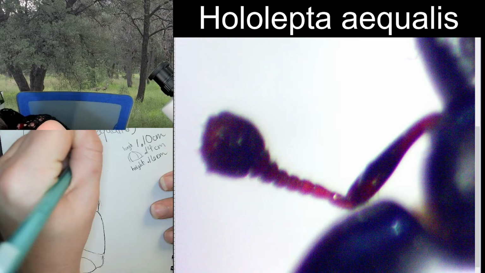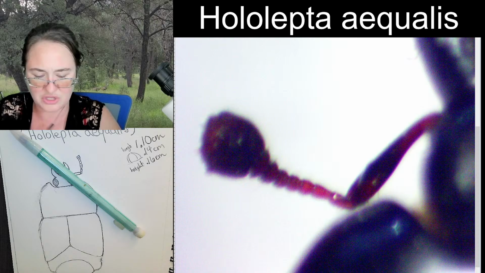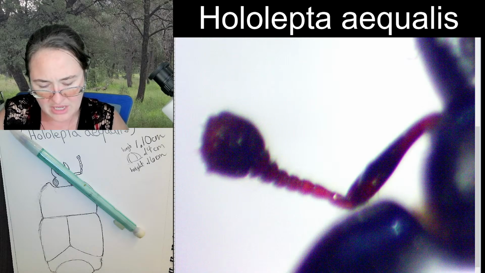Now, there's a really good illustration of this club in this book here. So I'm going to pull it out for us, and I'm going to show you, because the end of the club has these really weird, really small segments. And I'll show you. I thought I would know where the diagram is in here.